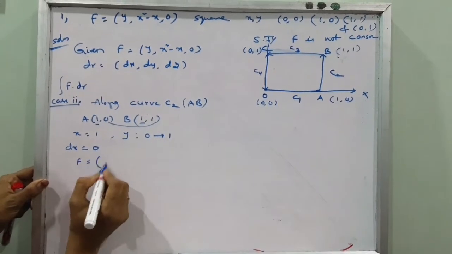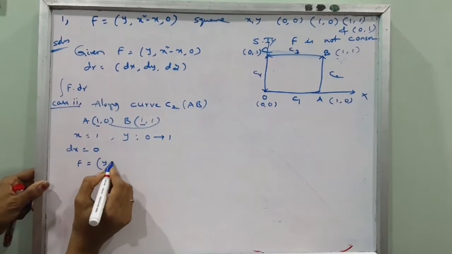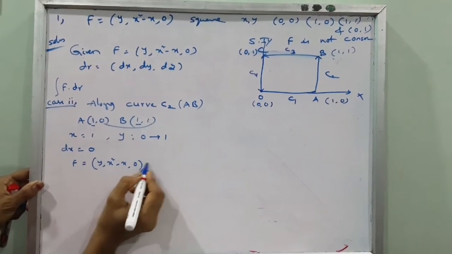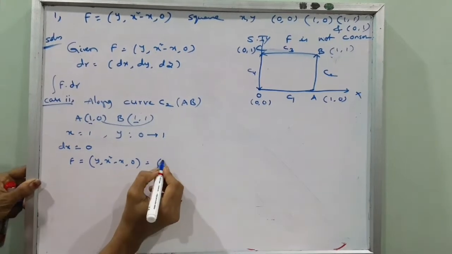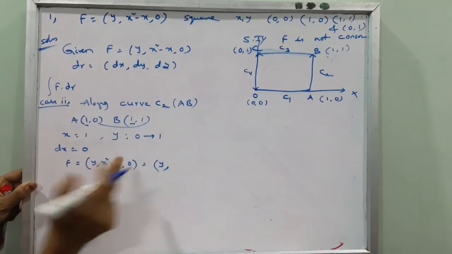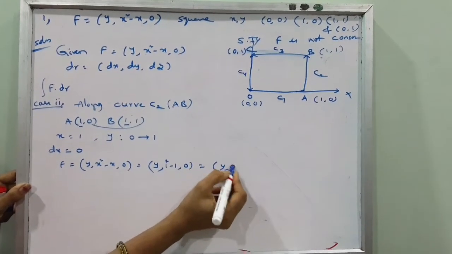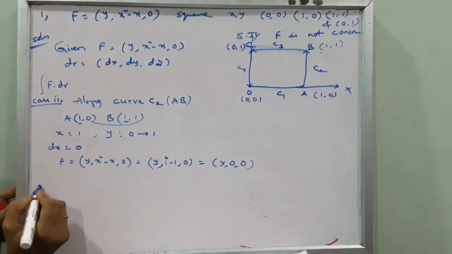Therefore, F is equal to (y, x² − x, 0); putting x equal to 1, we get (y, 1² − 1, 0), which is equal to (y, 0, 0).